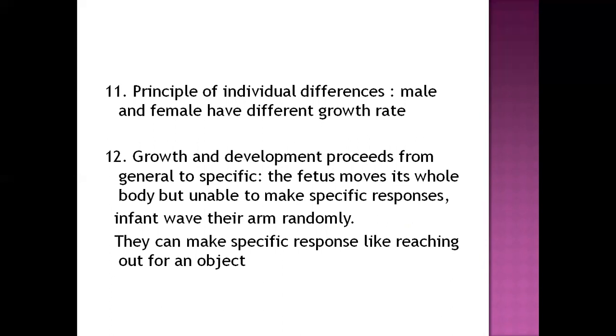They focus at the object at that age. When the 8th month ends, then the infant is ready to try to reach out for the object. That means they are proceeding from general to specific. First of all, they are focusing at the object and asking for it. After a few months, they are reaching out for that object by moving themselves. So, general to specific.